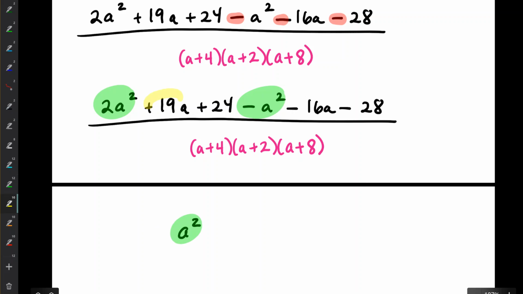With my a's, I've got 19a minus 16a, which is minus 3a. And then with my numbers, I've got 24 minus 28, which is minus 4. All over that common denominator.